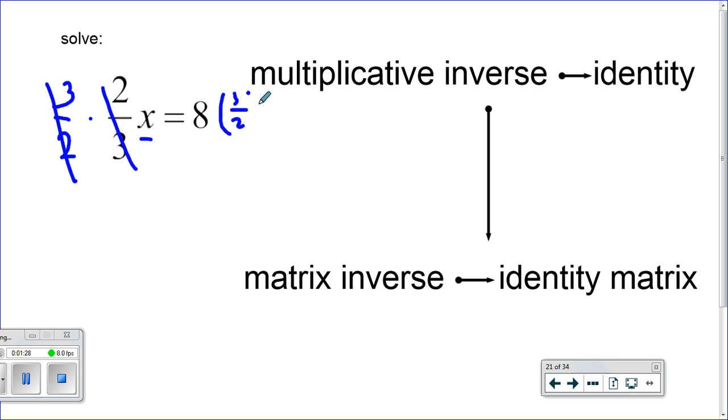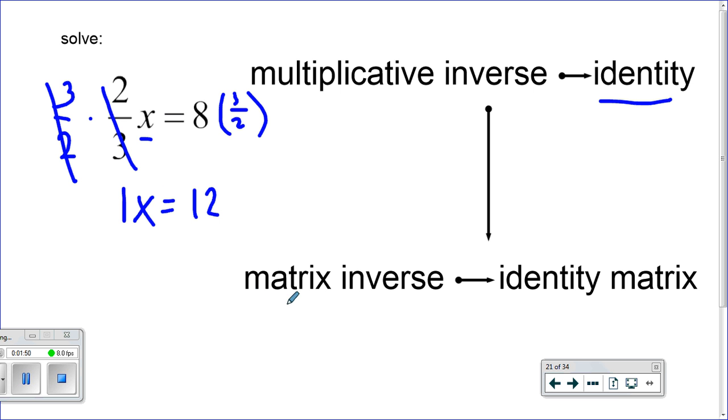So in the end, I'm going to get x equals, well, 8 times 3/2 is going to be 12. So I get x equals 12. Well, the bottom line is what I did was I multiplied each side by the multiplicative inverse, which gave me the identity 1, right? 1x. And that's what we need to do to solve this.